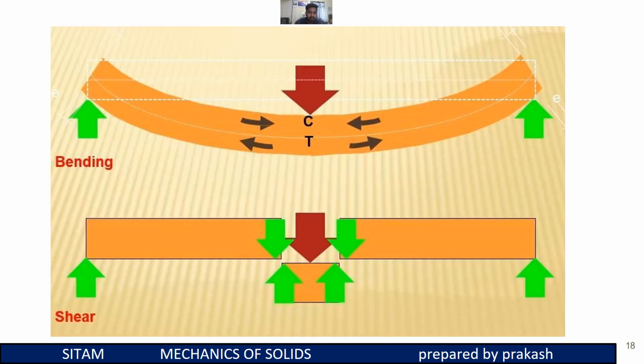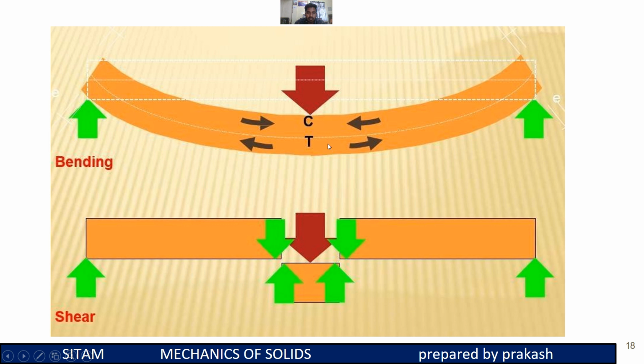Here, due to the action of load, the body bends like this. Here the center layer is called the neutral layer. The layers above this neutral layer are compressed, and the layers below the neutral layer are in tension.